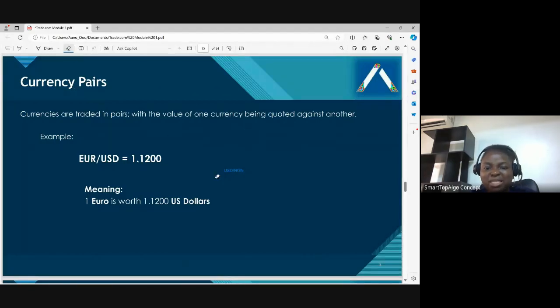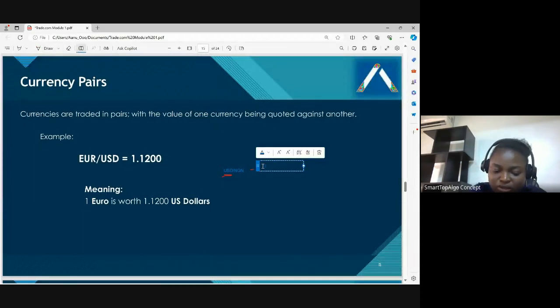Now, remember I said whatever I am doing is always on the first currency. The first currency is this USD here. Let's assume that the current exchange rate for USD is, let's just say, 1,470.